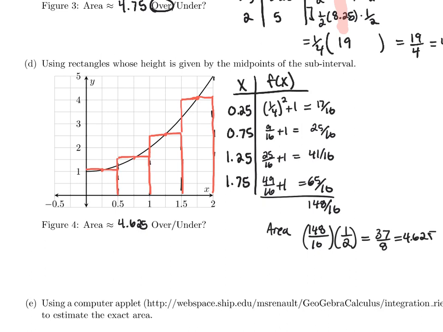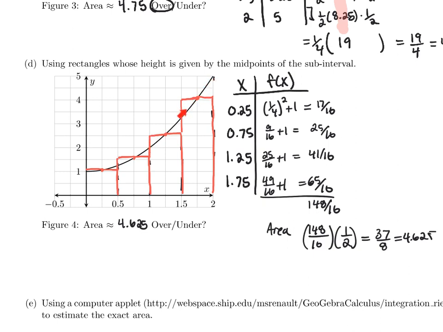Okay, so is this an over approximation or an under approximation? I probably should have been a little bit better about drawing my midpoints here. Let's look at one that looks like it's drawn pretty well. So this one, I can see that the amount of area that I'm missing, this little triangular region here, seems to be bigger than the amount of area that I am compensating for on the other side.